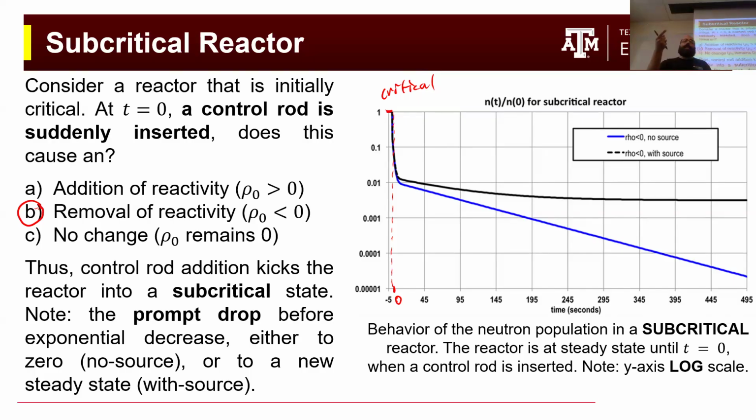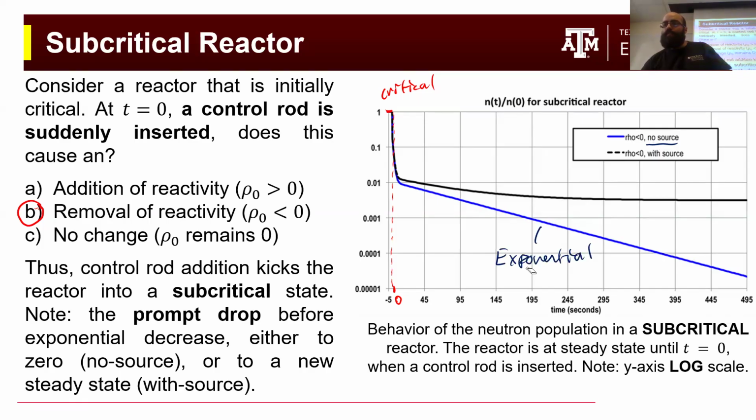And as a result of the reactor being subcritical, if we don't have a source, then the solution is going to have a little bit of a prompt drop followed by exponential decay. And that's what we see on the blue graph. The blue graph has no source, right? And that means that this is exponential decrease.